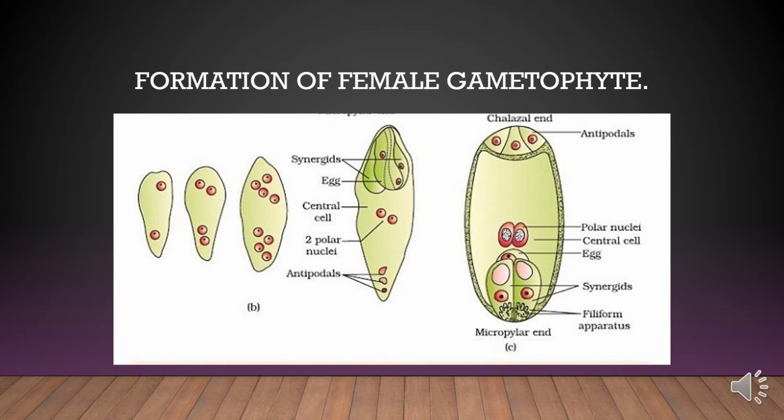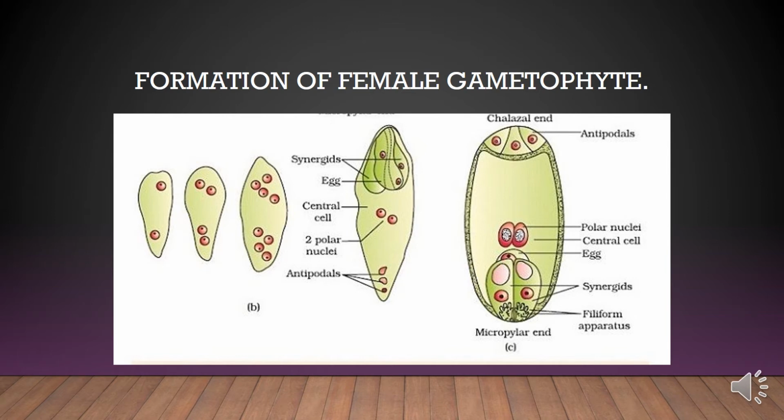The nucleus of the functional megaspore divides mitotically to form two nuclei which move to the opposite poles, forming the two nucleate embryo sac. You can see the first diagram. Two more sequential mitotic nuclear divisions result in the formation of the four nucleate stage.